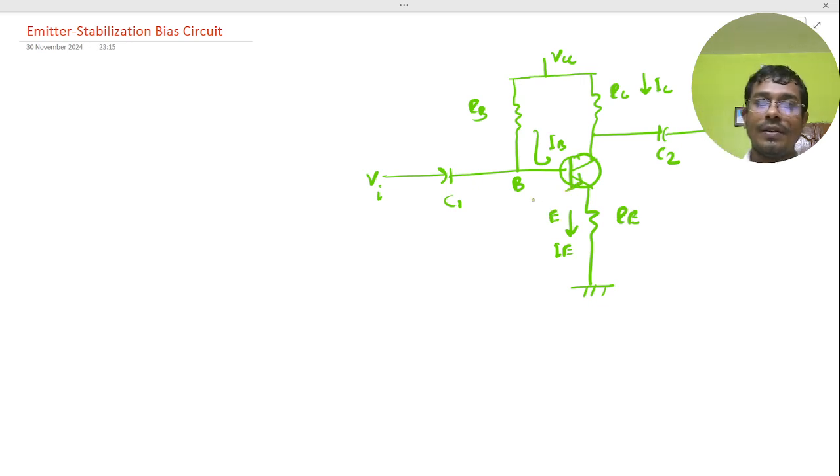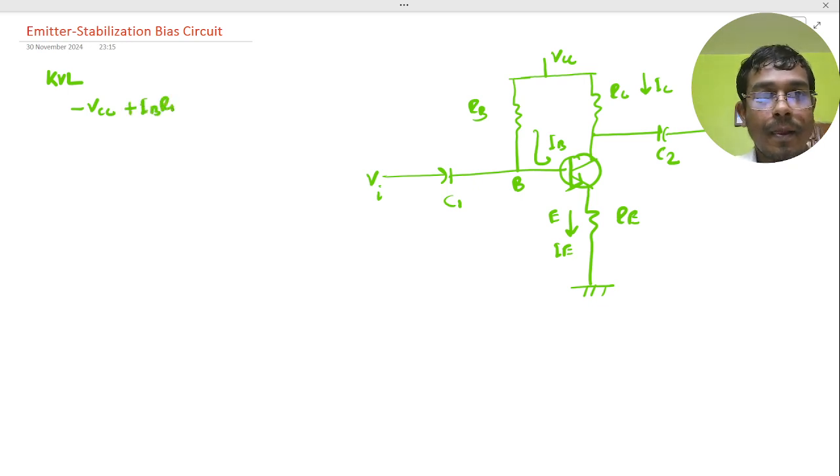This is our emitter stabilization, and here we apply KVL in the base-emitter loop. We get: minus VCC plus IB RB plus VBE plus IE RE is equal to 0.